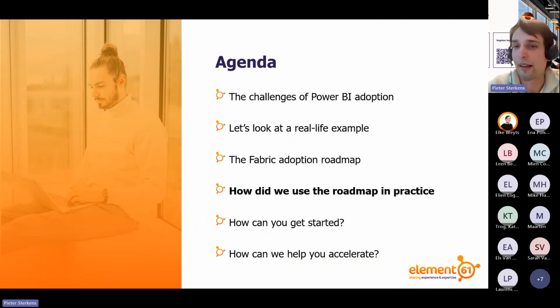And so I already warned you, this adoption roadmap, what I just explained, is quite theoretical, but actually it's a handy starting point to use in practice when you're facing the challenges of getting users to actually use your data products.